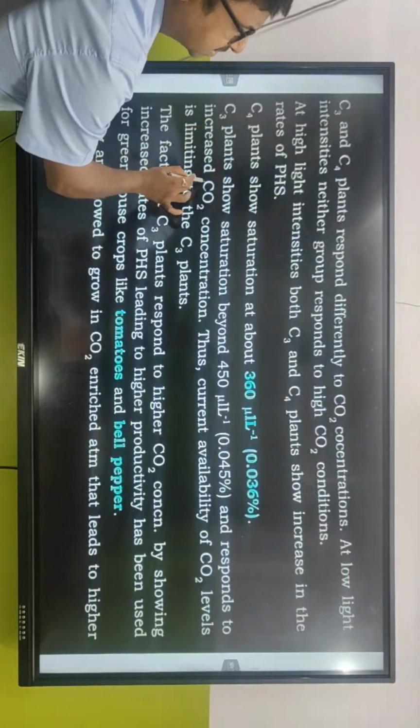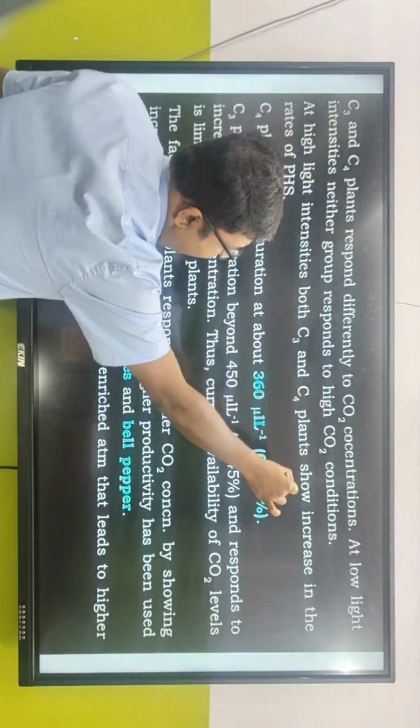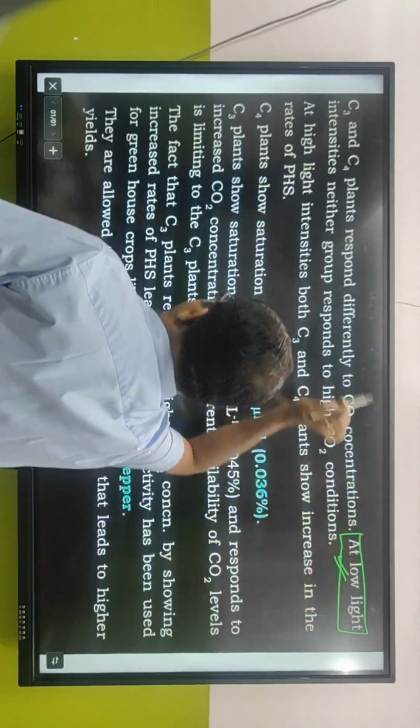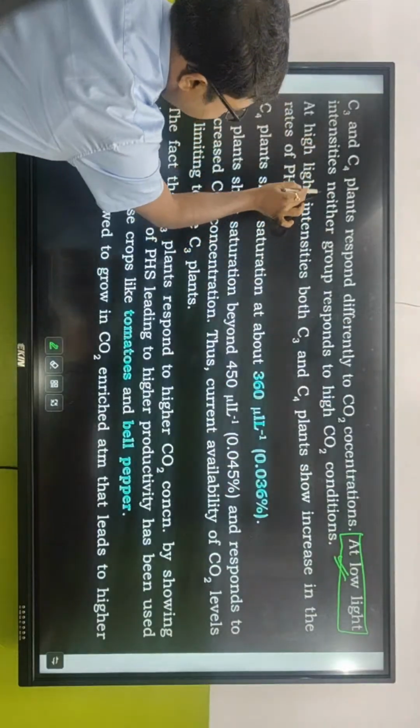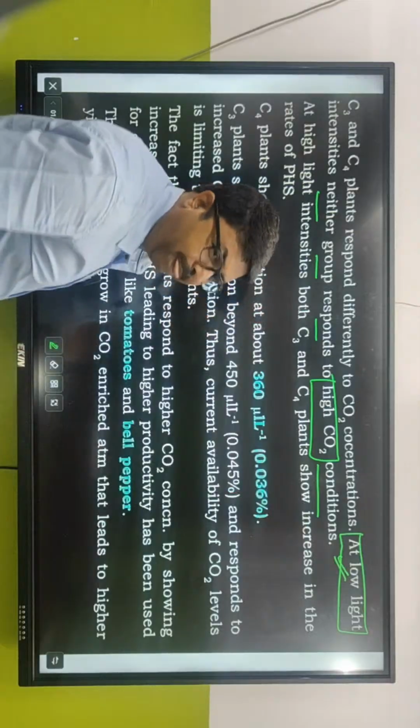C3 and C4 plants respond differently to carbon dioxide concentrations. Understand this well: what is constant here? At low light intensities, neither group responds to high carbon dioxide conditions.